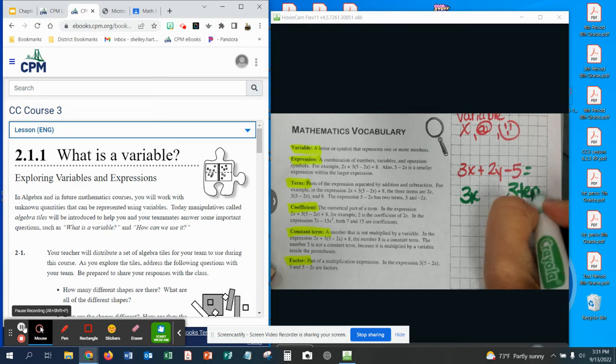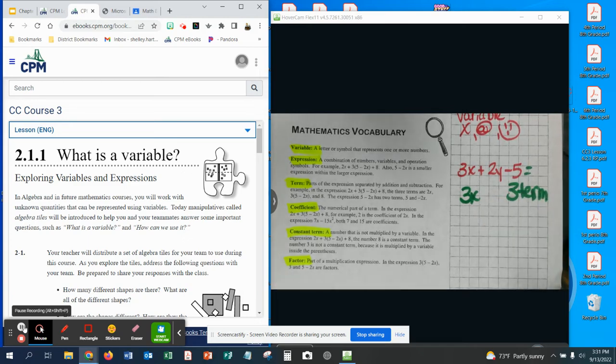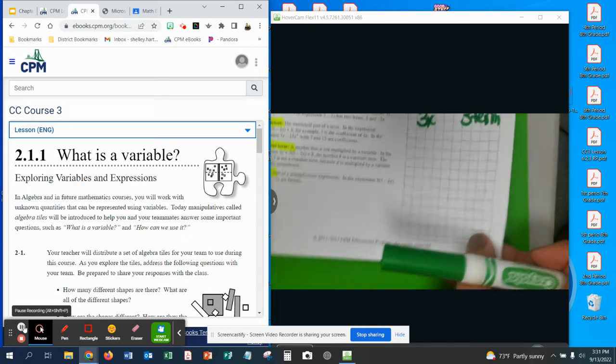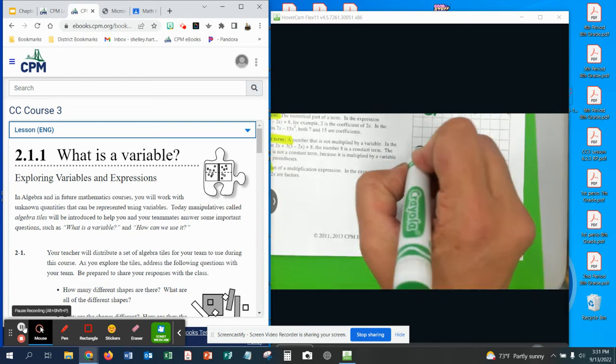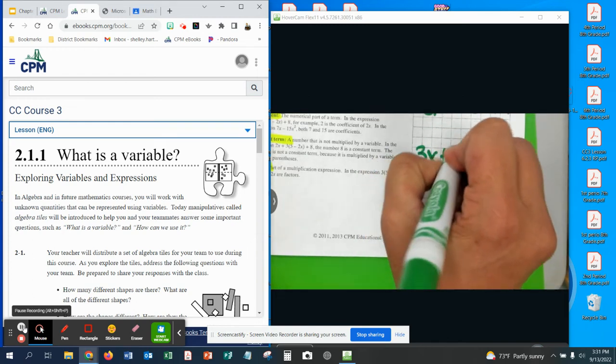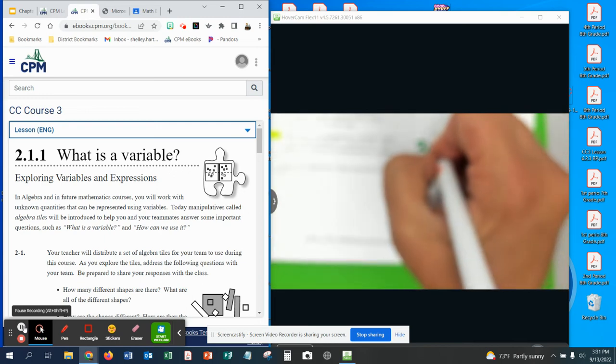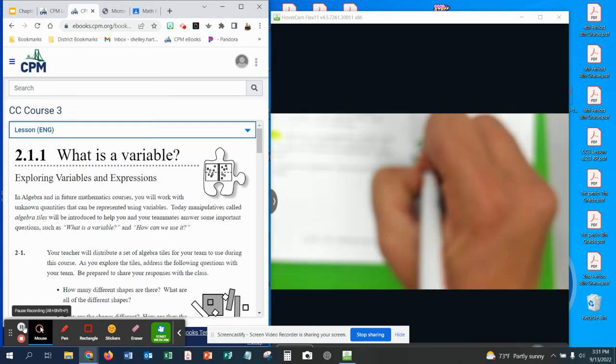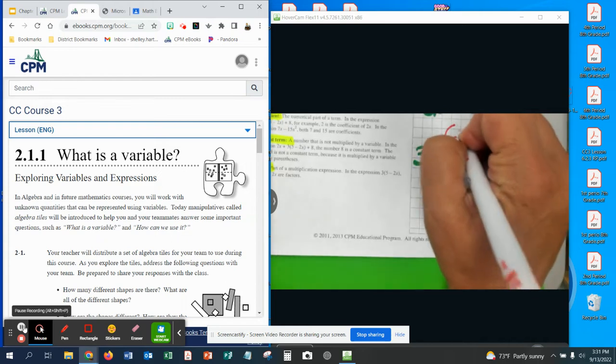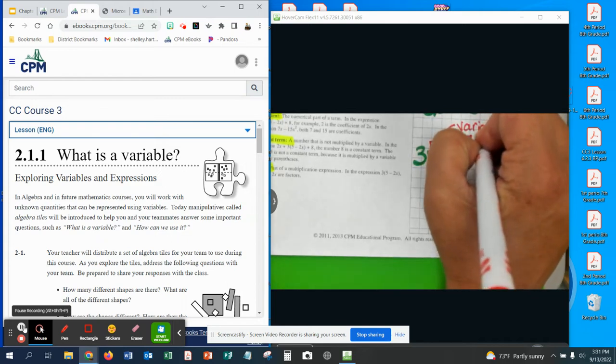And that's going to lead us into our next thing: we're going to write out this entire 3x plus 2y minus 5, and then watch. These two things are variables. We know that.